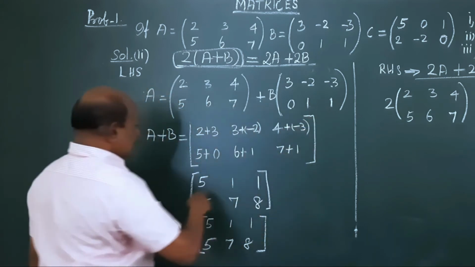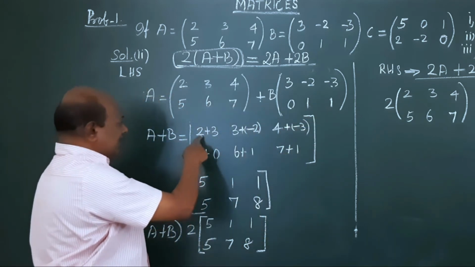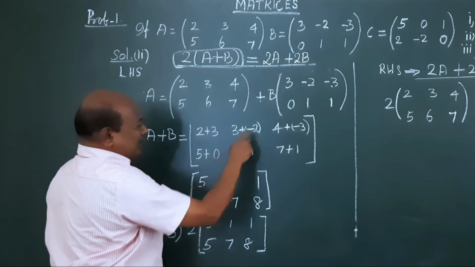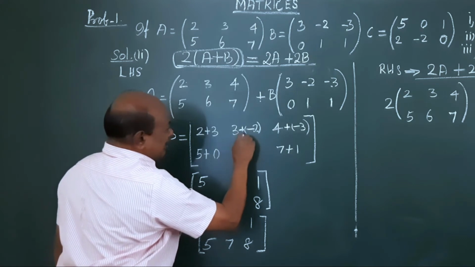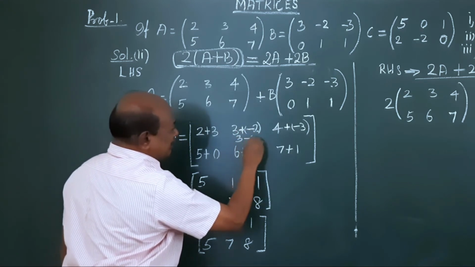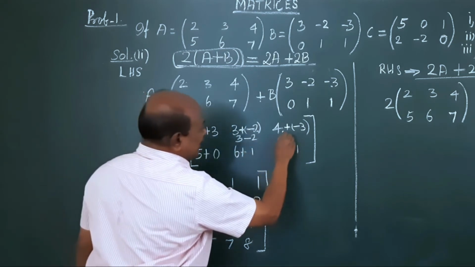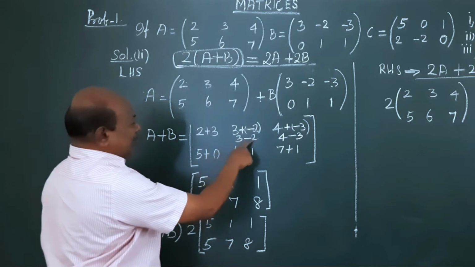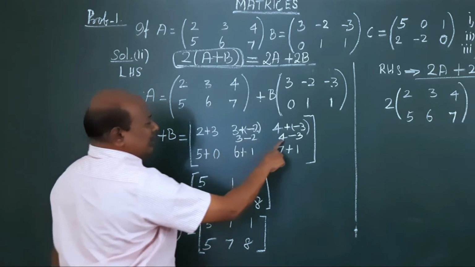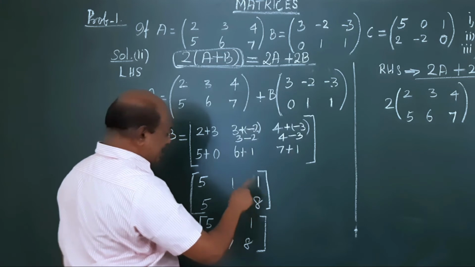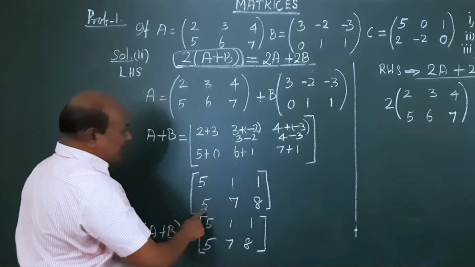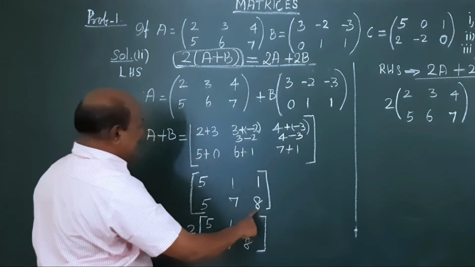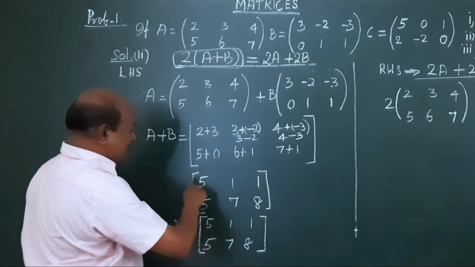Now we have to find the total. 2 plus 3, 5. 3 plus minus 2, that is equal to plus into minus, minus 3 minus 2, like that. 4 minus 3 here. Now 3 minus 2 plus 1, 4 minus 3 plus 1, 5 plus 0, 5, 6 plus 1, 7, 7 plus 1, 8. Now that is the A plus B.